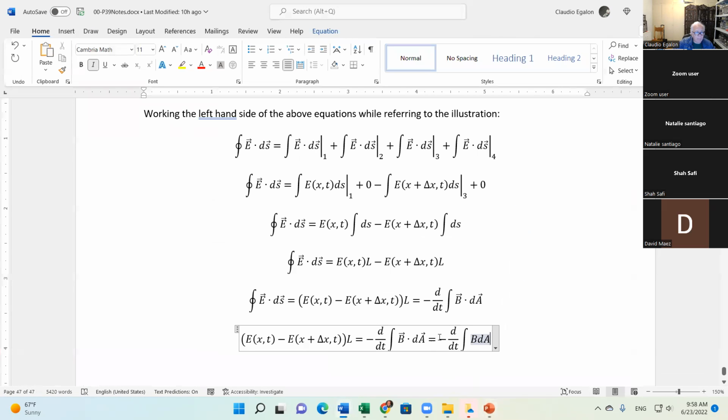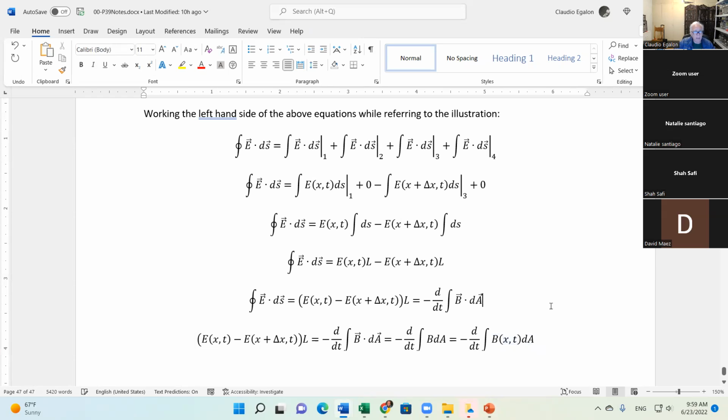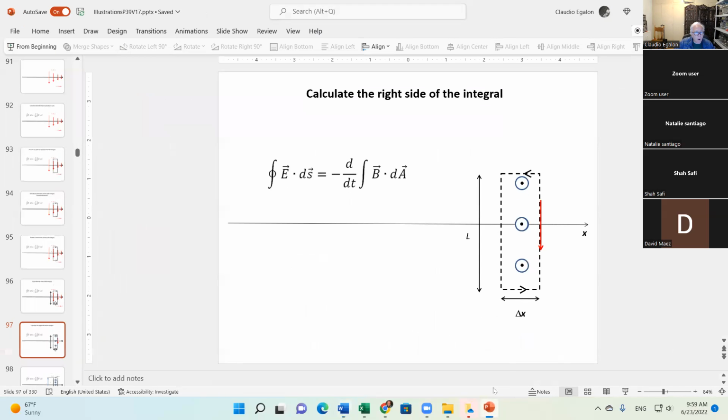In the next step, we recognize that B is a function not just of the position, but also a function of time. And what else? We are integrating over X. Because this delta X is very small, we can state the magnetic field within a small area is going to be almost constant.